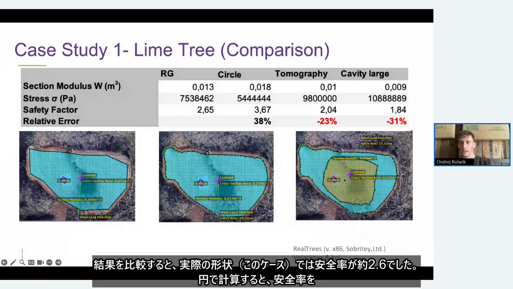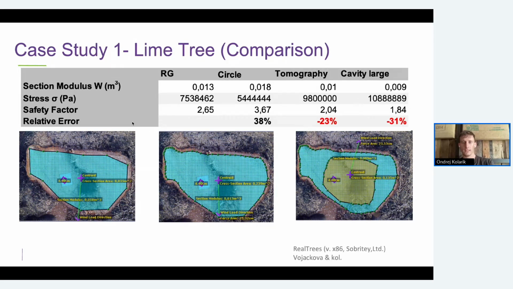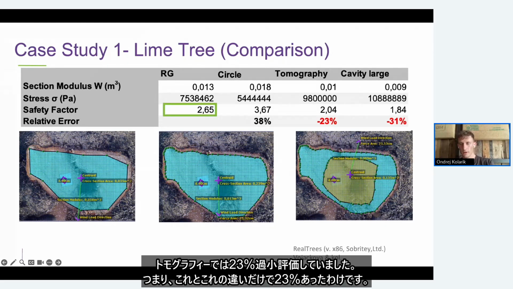When we compare the results, you can see the real geometry, which in this case was around 2.6 safety factor. The circle overestimated the safety by 38%. The tomography underestimated it by 23%.